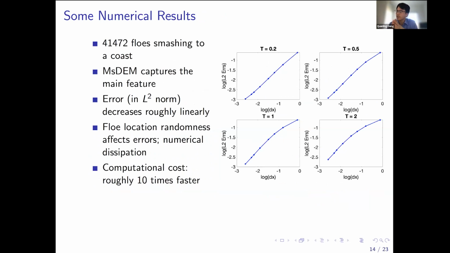Since we have a multiscale model, this coupled continuum model, and the original system, which is the original particle model, we compare the solutions of these two models, looking at the L2 norms on the CS concentration in this case.